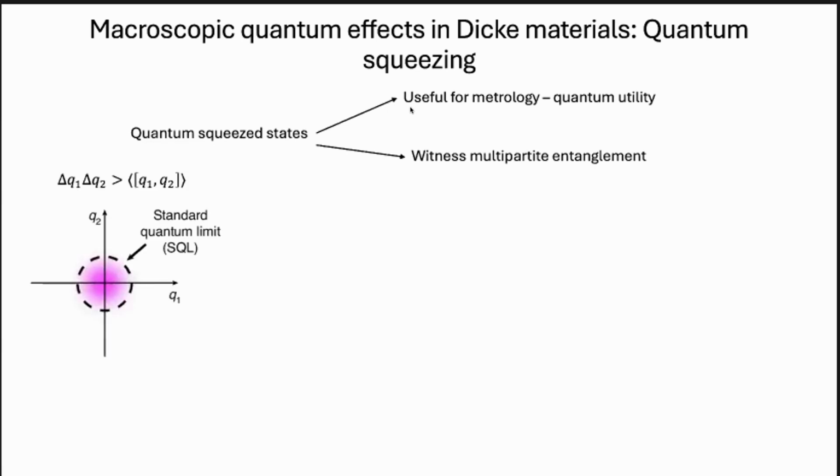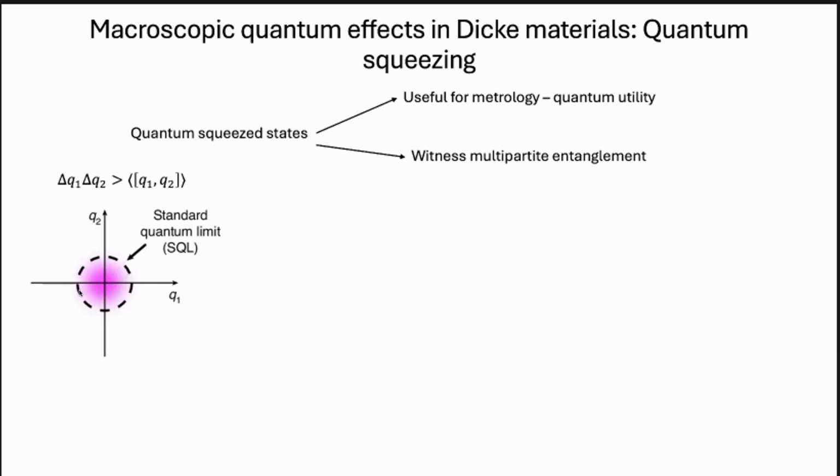The simple picture of squeezing here is that imagine we have two observables, Q1 and Q2, and they don't commute with each other. Then we know that they obey some sort of generalized uncertainty principle. So there's this standard quantum limit, which essentially says that the product of the uncertainties of measurement in both these observables, Q1 and Q2, is bounded by their commutator.